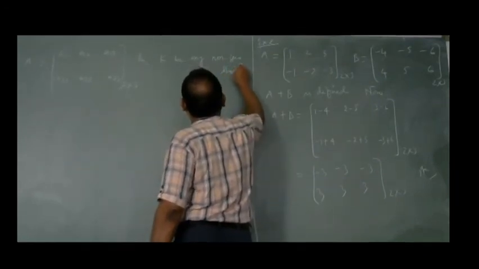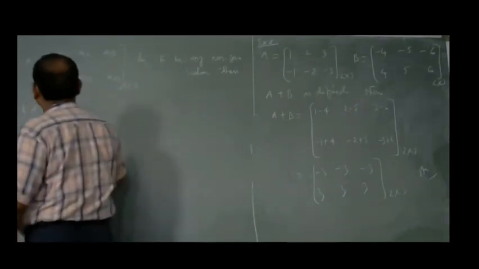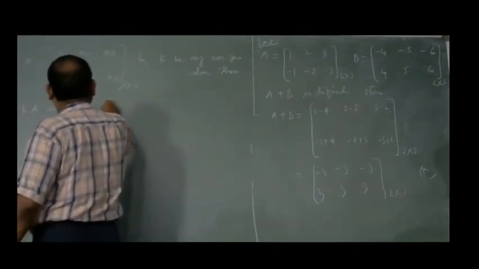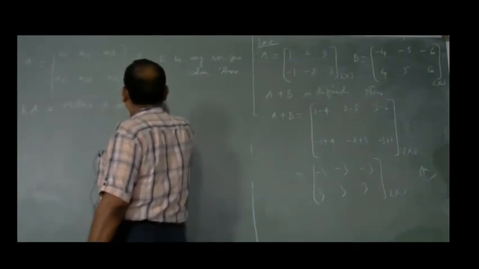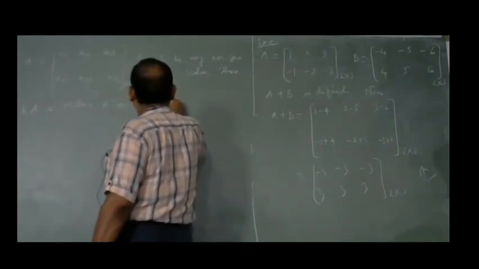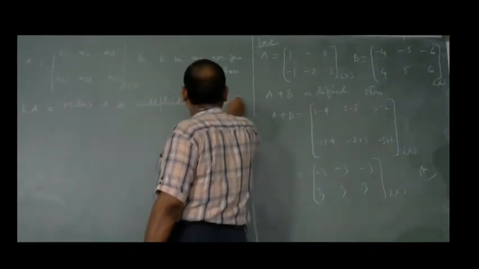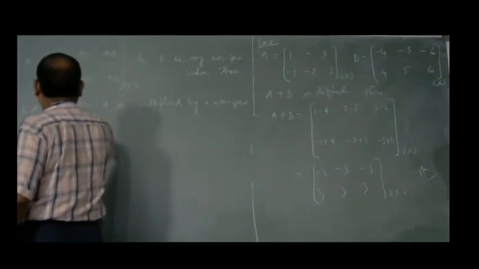Then k into A is nothing but matrix A multiplied by a non-zero scalar k.